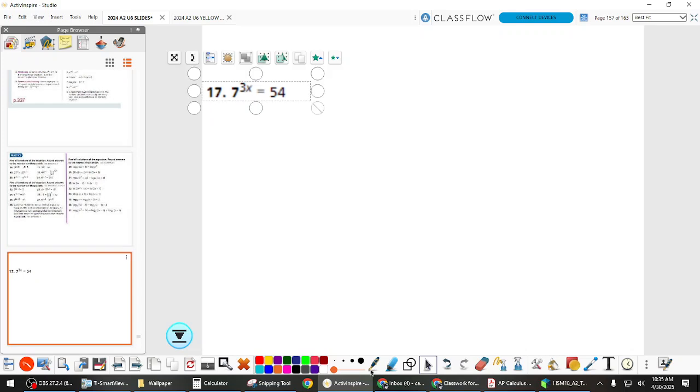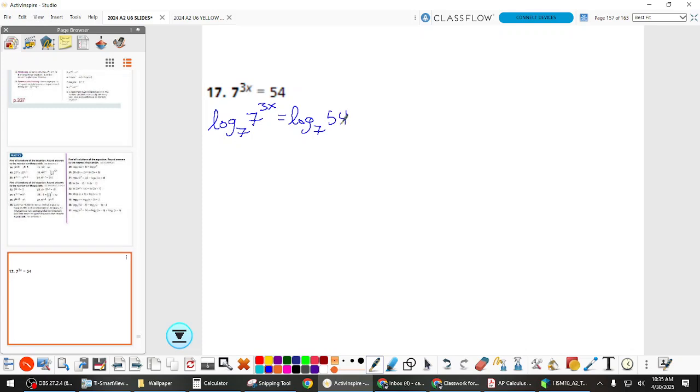Yep. All right, 17. So we have variable on just one side. And so the best way to do that is just log. Which log? Yeah. Well, if you have your graphing calculator, you can do log base 7 of both sides. And if not, you can still do, I'll write it separately actually after this one.